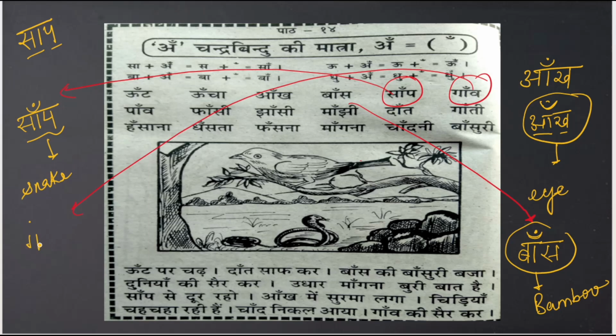This is ka. This matra of ah, it became ga. Just apply this matra of Chandrabindu, it became gaan. And this is va. Now it became gaanv, which means village.